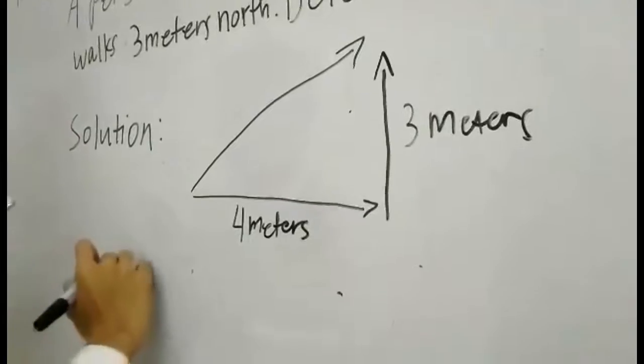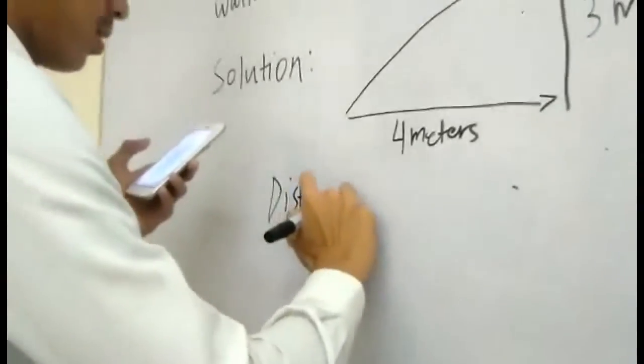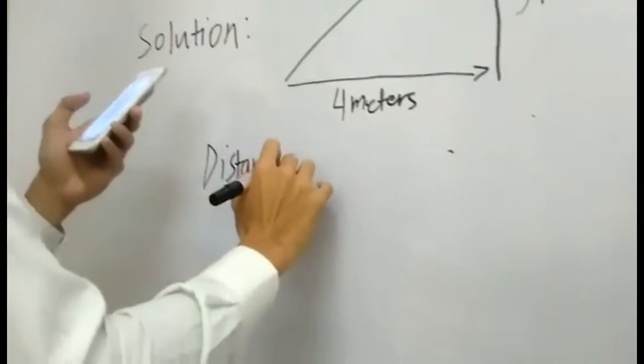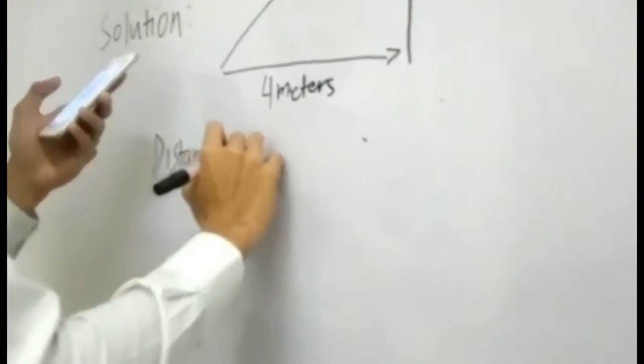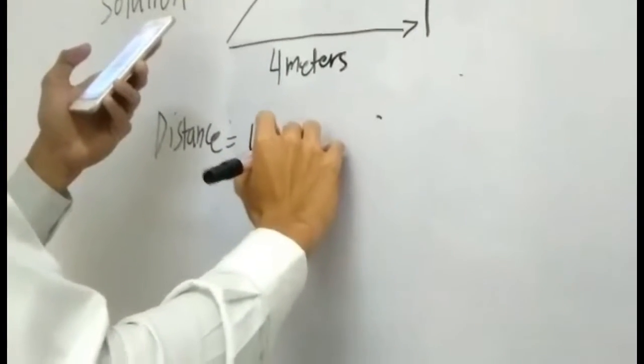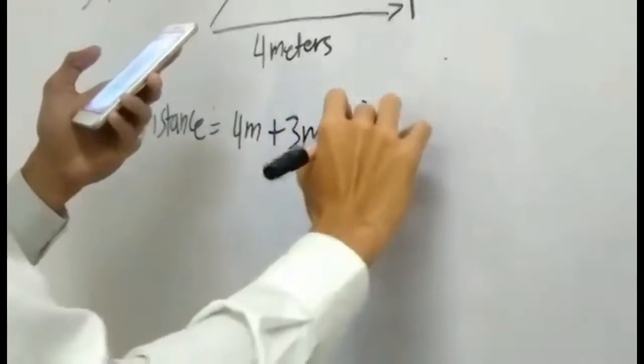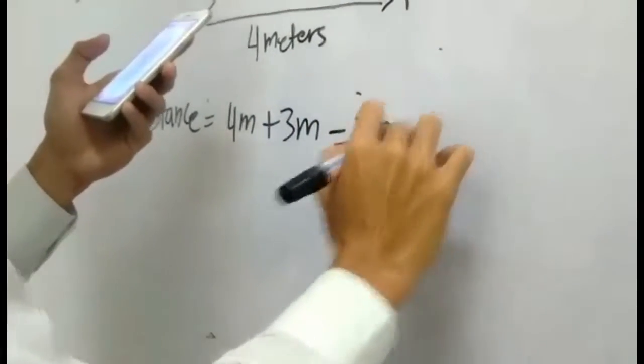Now, the distance is equal to 4 meters plus 3 meters equals 7 meters.